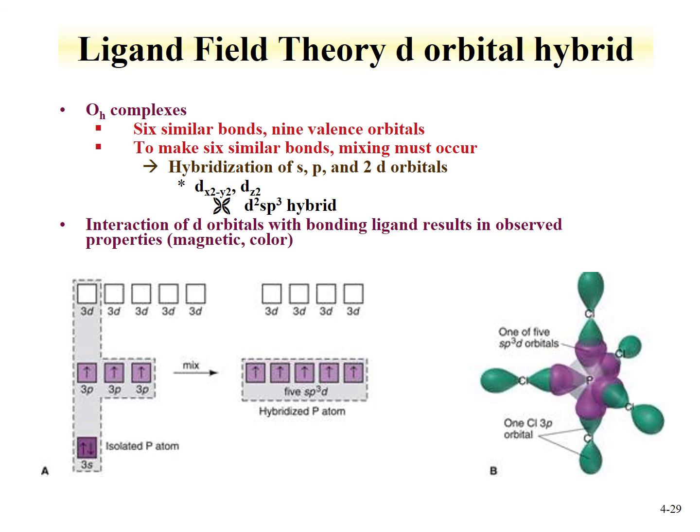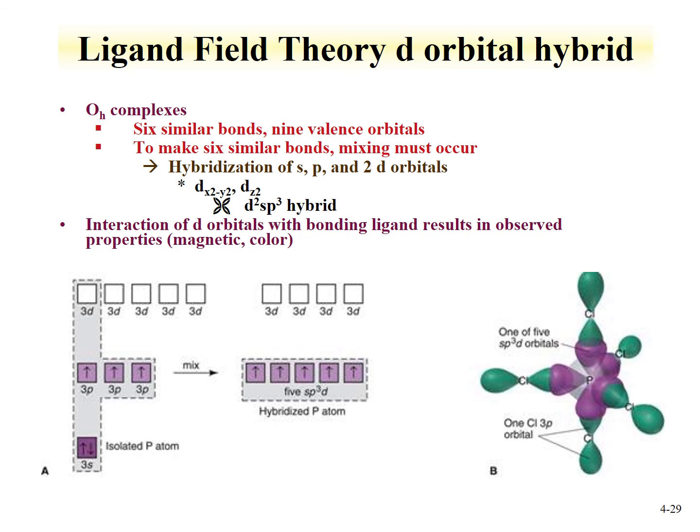An example of the Ligand Field Theory for d orbital hybridization is listed here. For a complex of phosphorus and chlorine, we see that we have 1, 2, 3, 4, 5 chlorine bonds.